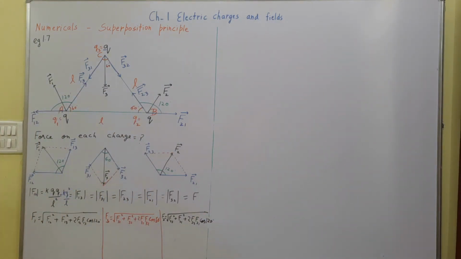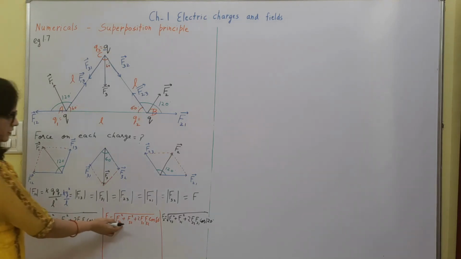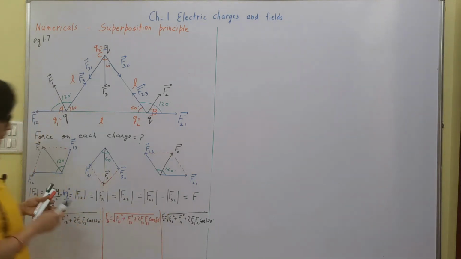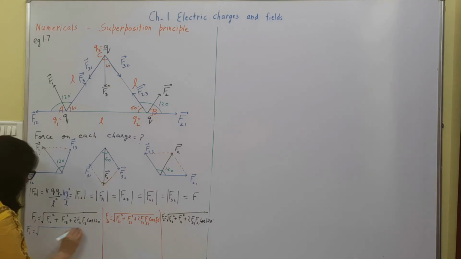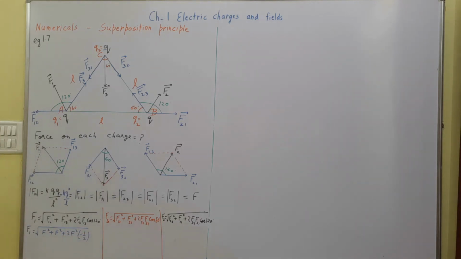We will solve. We know that these are the magnitudes only. So we can replace all these without suffix, and we can replace it by F. So what will I get? F1 is equal to under root of F square plus F square plus 2F square. Cos of 120 is minus 1 by 2, because cos 90 plus 30 is minus sin 30, and sin 30 is 1 by 2, so this makes it minus 1 by 2.